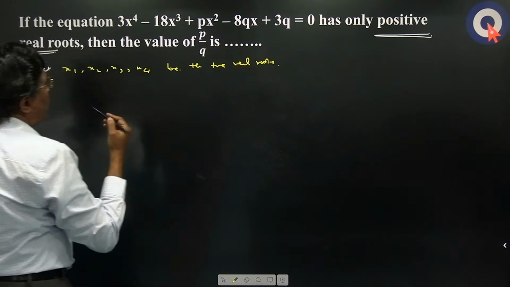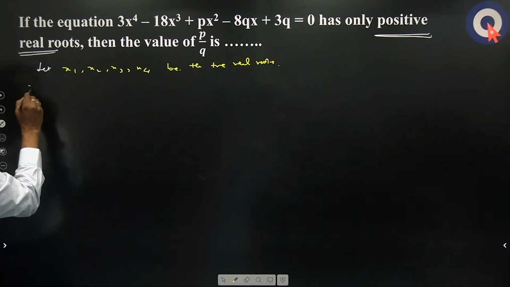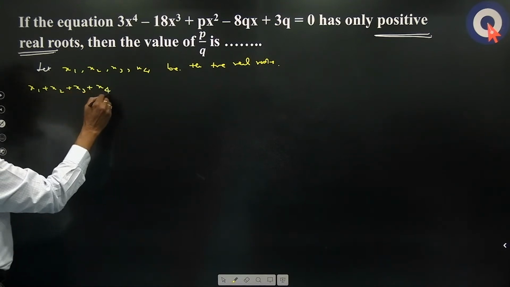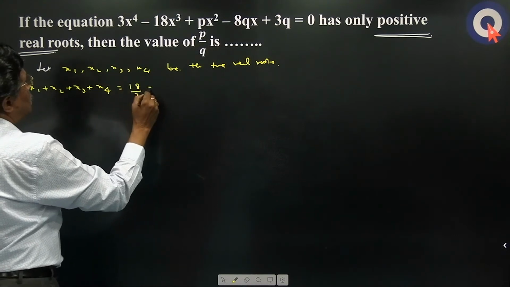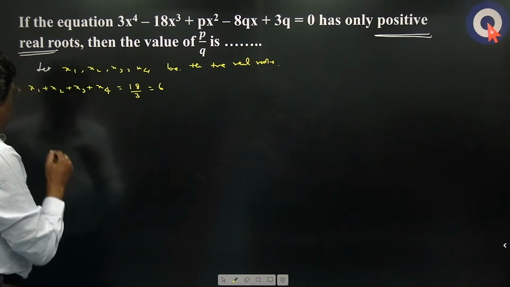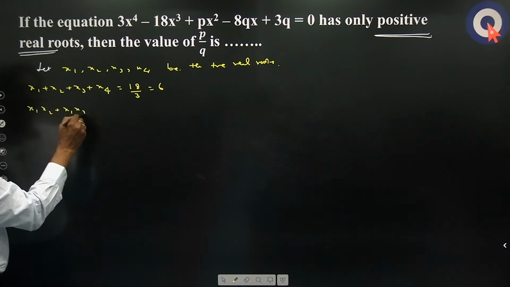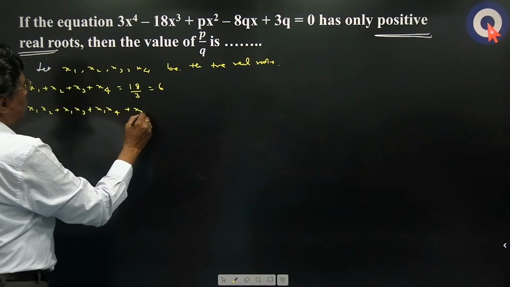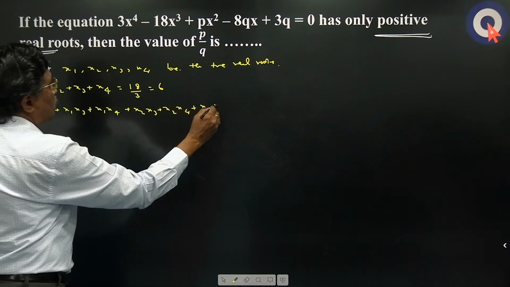All right. So by Vieta's theorem, first we will write down the sums taken 2 at a time and all that. So x1 plus x2 plus x3 plus x4 is equal to 18 by 3, which is 6. And the sum of the products taken 2 at a time will be x1 x2 plus x1 x3 plus x1 x4 plus x2 x3 plus x2 x4 plus x3 x4.